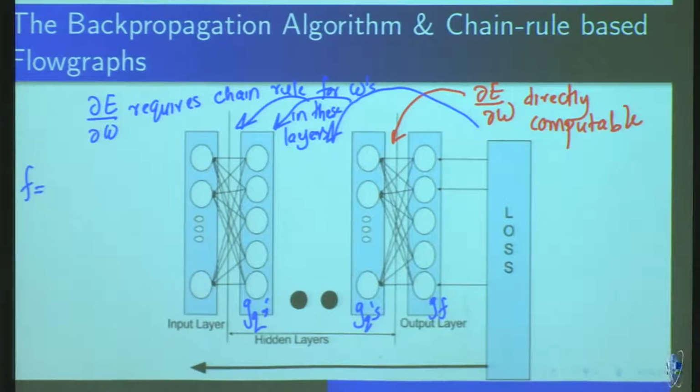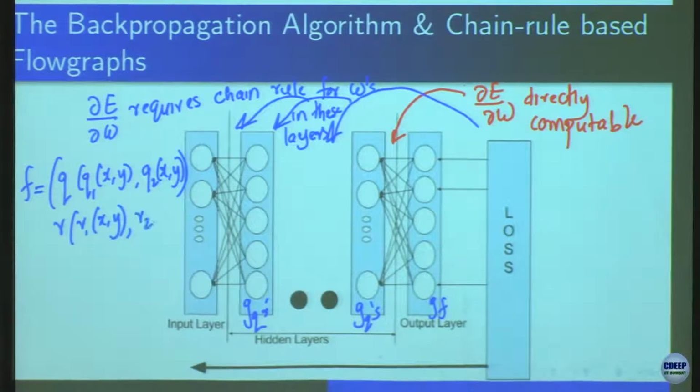Let us say f is a function that uses q(x,y) and r(x,y). So f has two arguments, q and r.